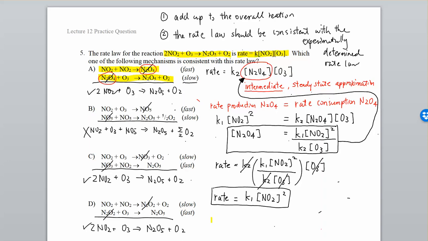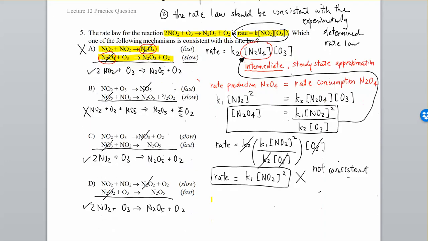As you can see, this is not consistent with the experimentally determined rate law, which says rate is equal to k times concentration of NO2 times concentration of O3. So I'm going to put an X here. It is not consistent, so A is not a possibility.